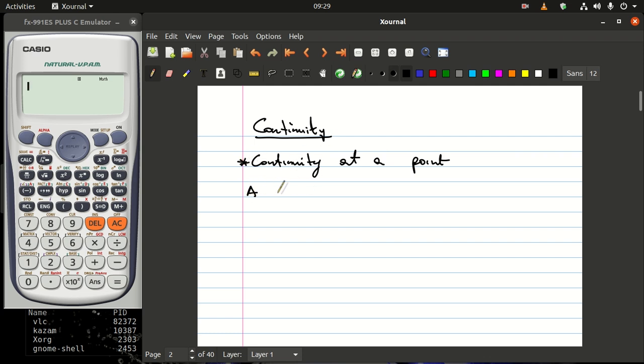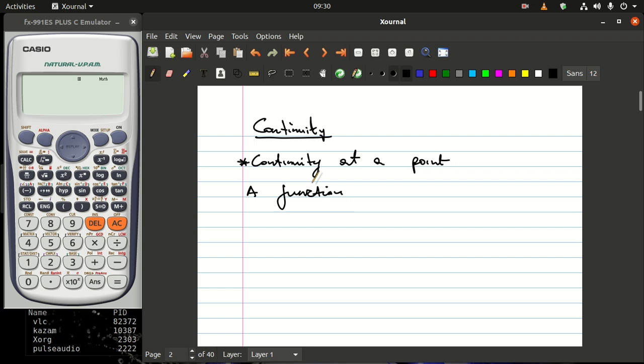A function. Whenever we're talking about continuity, what we want to study is the continuity of a function. If something is not a function, then there is no point talking about continuity there.